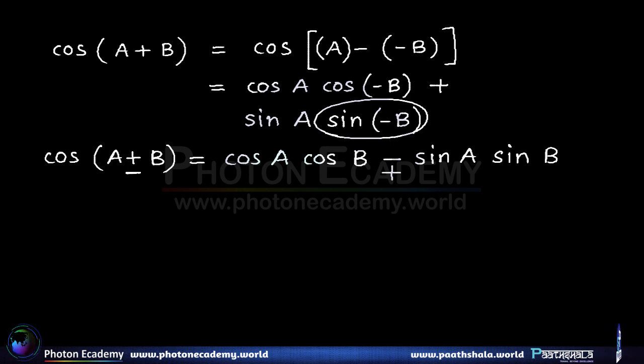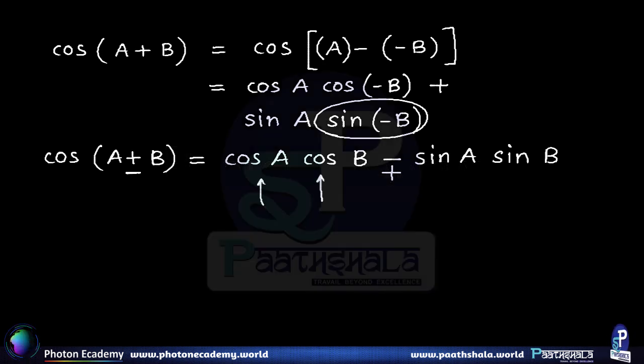So in this way you can remember both of the formulae together. What is important to note is the terms on the right side are in pairs of the similar ratios, that is both the cos and both the sines.